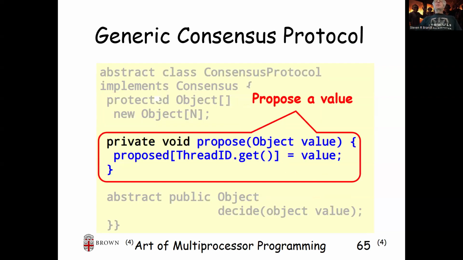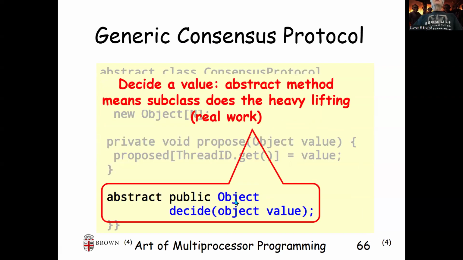In the propose method, I take the value that I want to propose and stick it in the array at my thread ID number. Then in the decide method, I figure out which thread won consensus, and then look up the correct object from the proposed array using that thread ID.